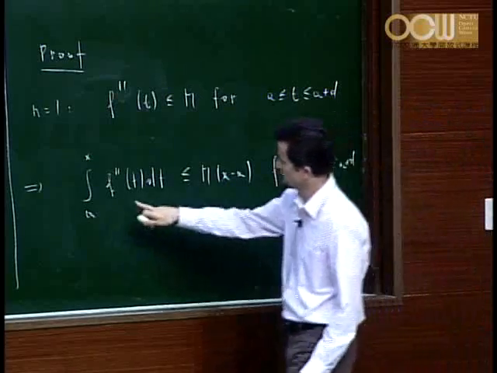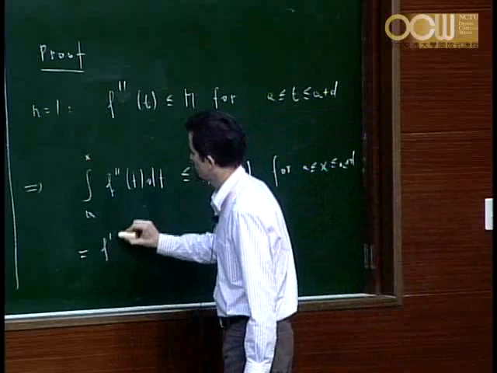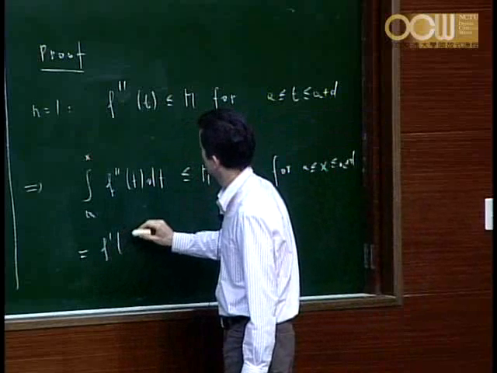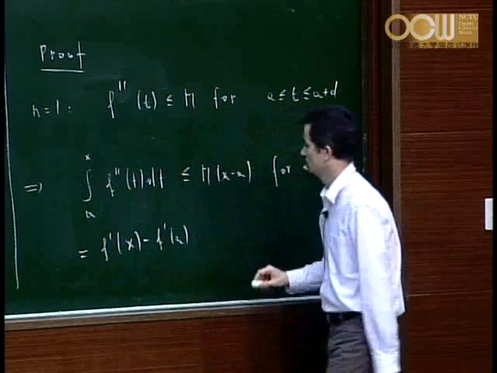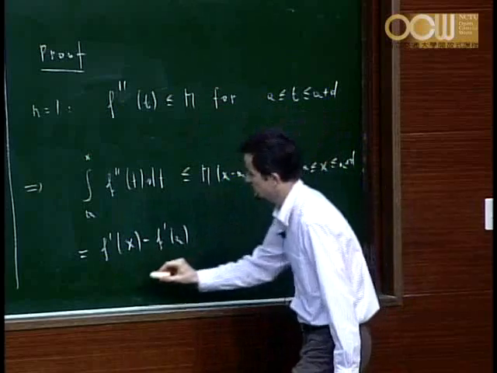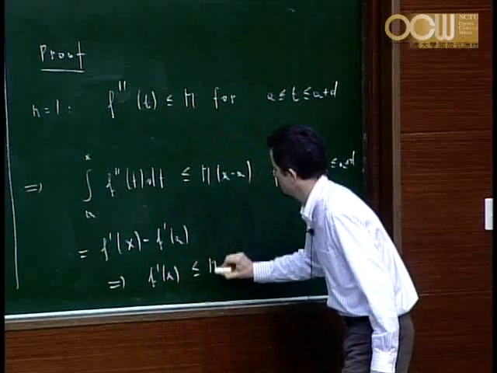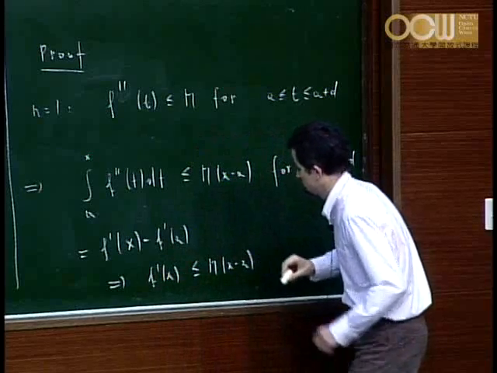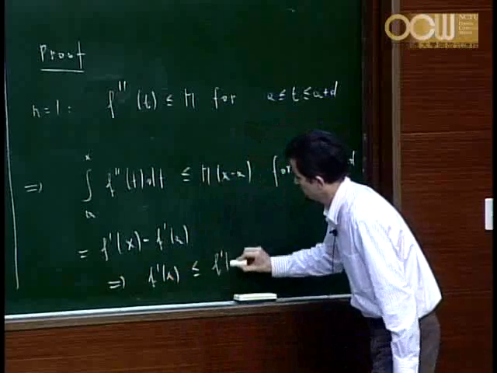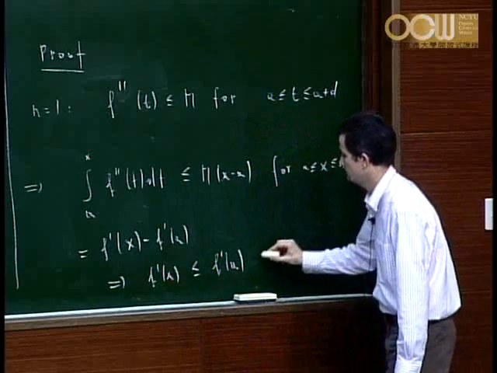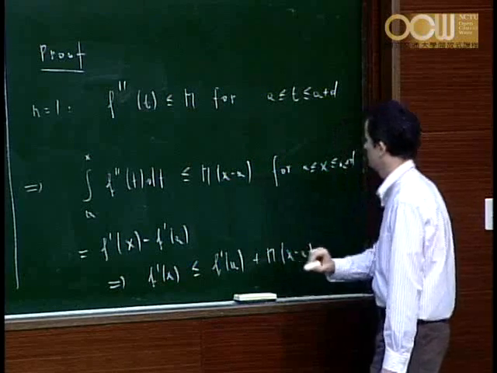For this integral we know from the fundamental theorem of calculus that it is equal to the first derivative at x minus the first derivative at a. So we get that the first derivative of f at x is smaller or equal than the first derivative of f at a plus M times x minus a.